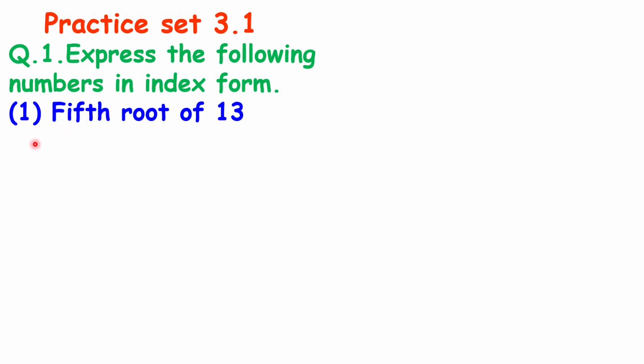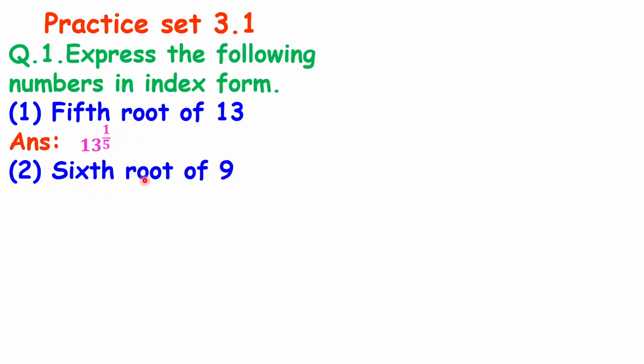So answer is, first we have to write base. Which is the base? 13 is the base. So answer is 13 raised to 1 upon 5. Fifth root means the 5 is the denominator of the fraction. Example 2, sixth root of 9. Here 9 is the base and sixth root means in index form, index is in rational form.